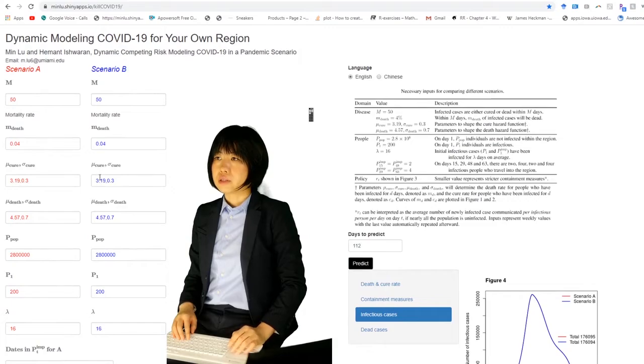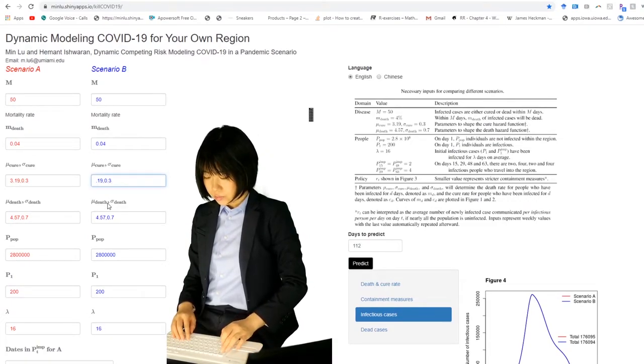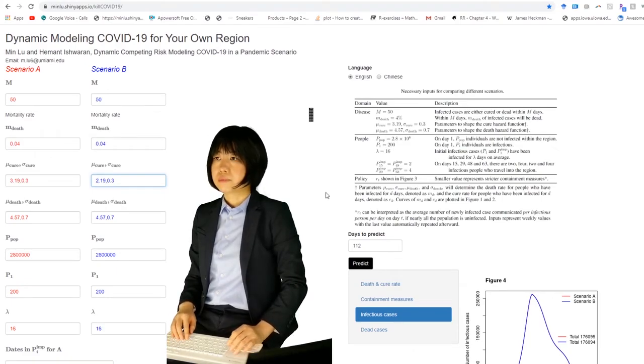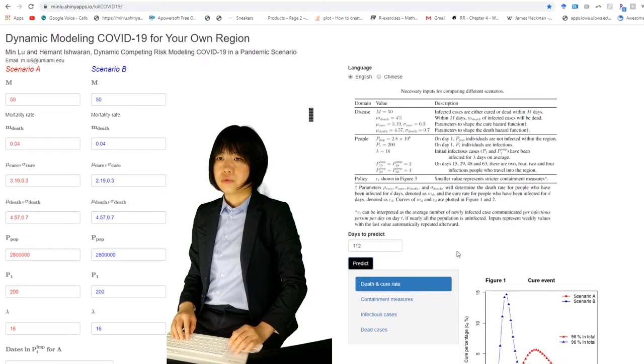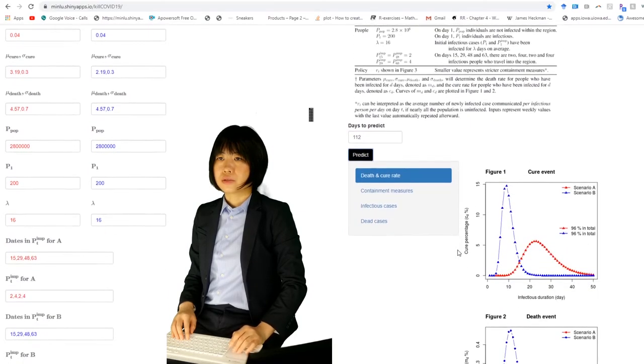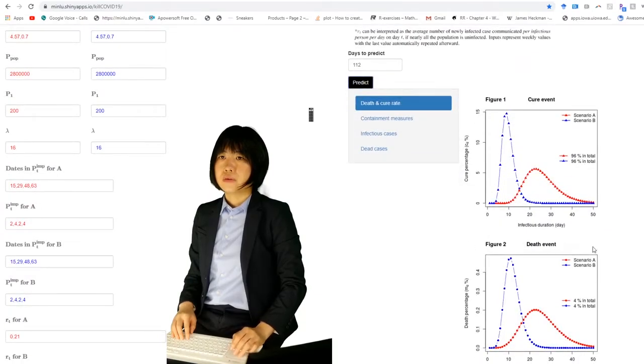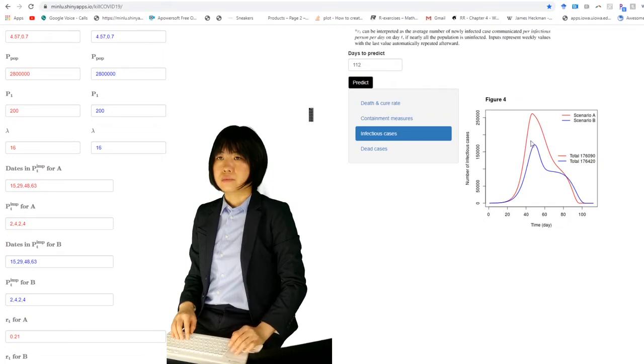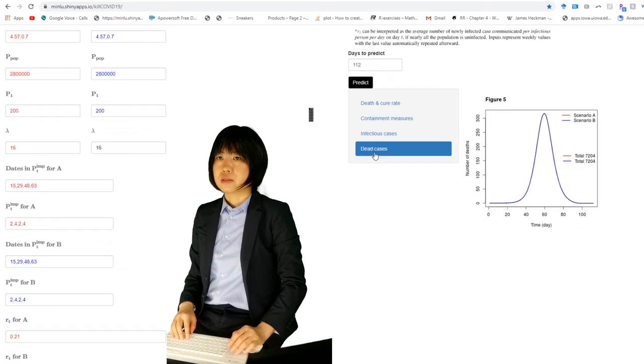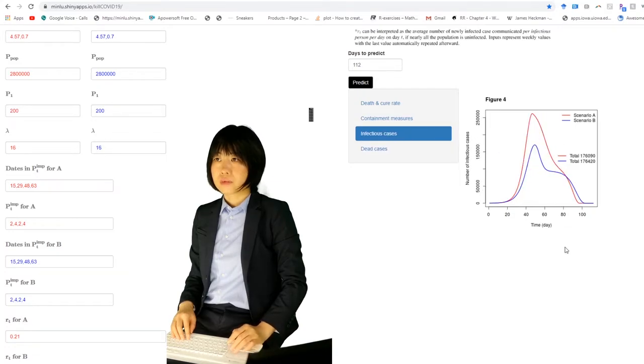But we change the shape of the mortality rate. For example, in scenario B, we let infectious individuals get cured and dead earlier. Even though they have the same mortality rate, we can say that in scenario B, we have fewer infectious cases. This is all my introduction for this website.